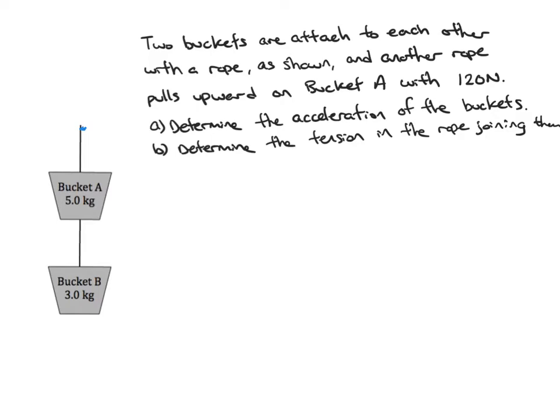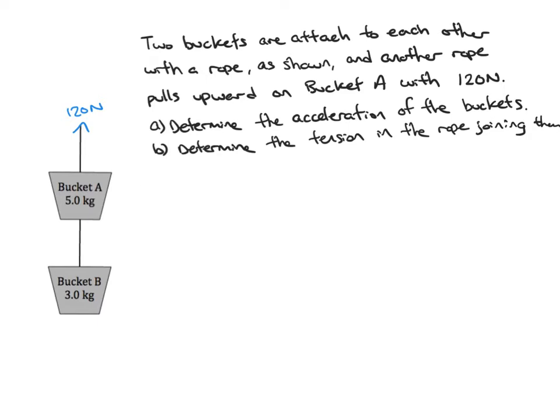And the question says, if the upper rope pulls at 120 newtons, so this top rope here has a tension of 120 newtons. A, determine the acceleration of the buckets. B, determine the tension in the rope joining them.